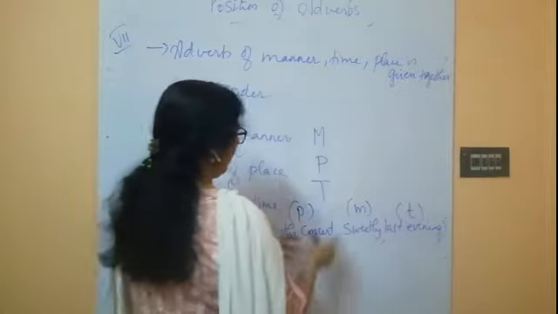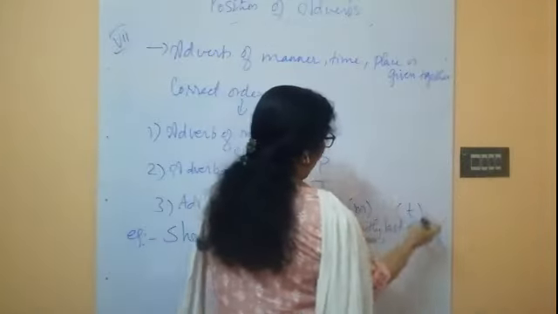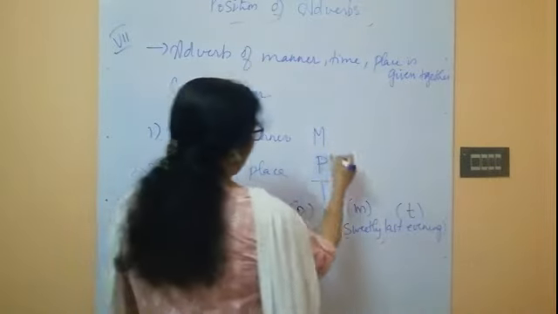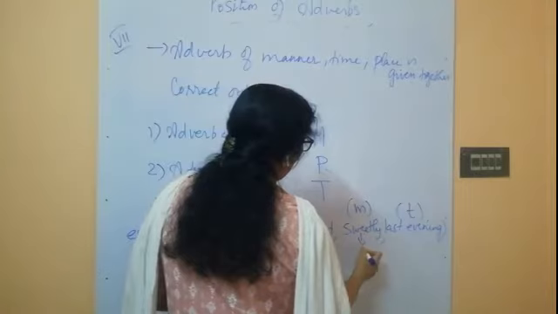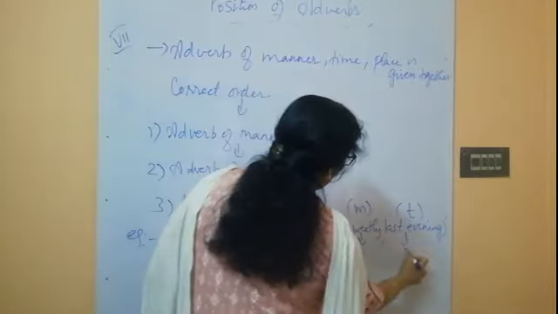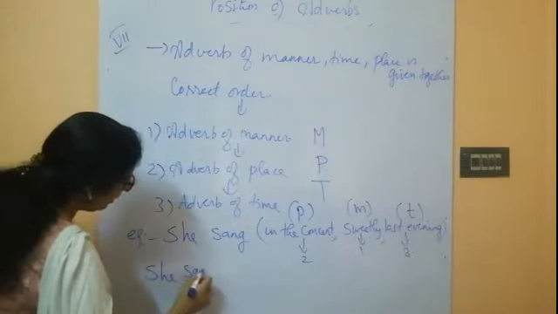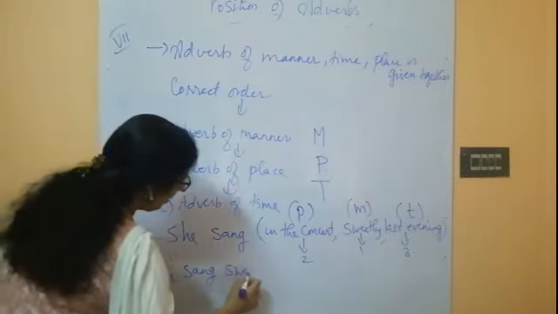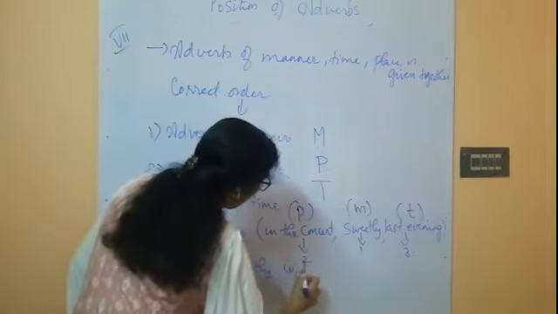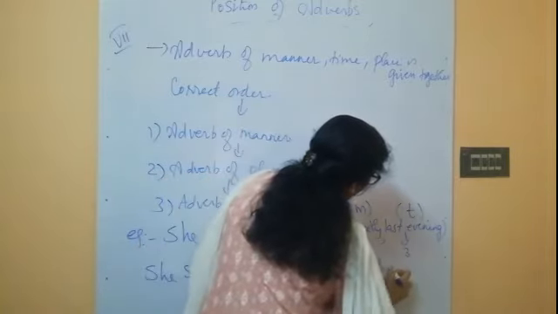So, we can see that adverb of place is there, adverb of manner is there, adverb of time is also there. So, how we have to place it? The order is MPT. So, first sweetly should come, and then this should come, and next one, this should come. Okay, so how will you write it? She sang sweetly, in the concert, last evening.